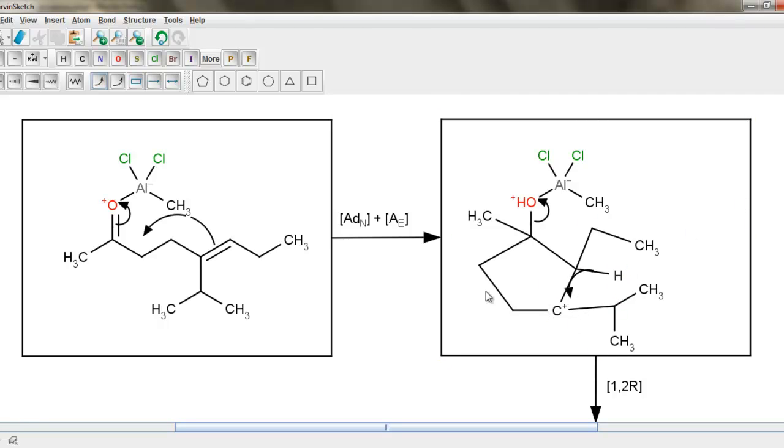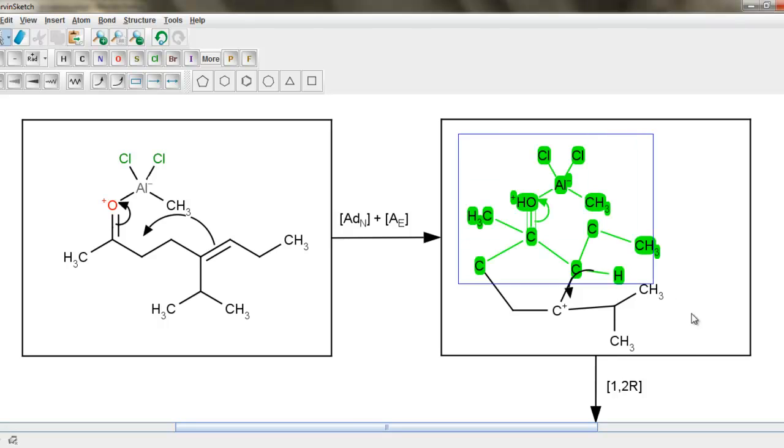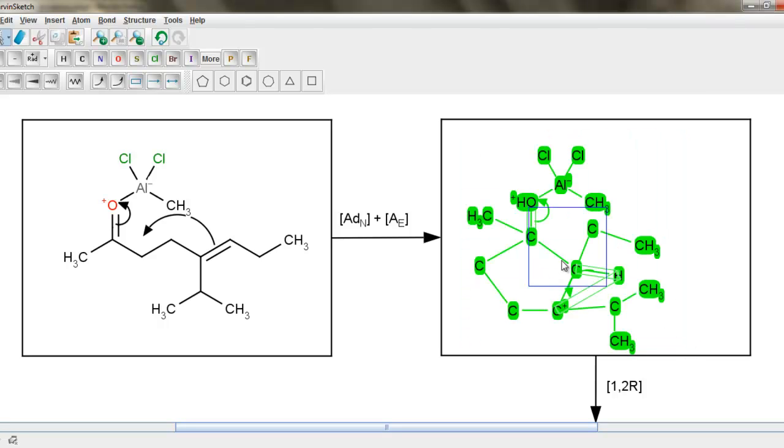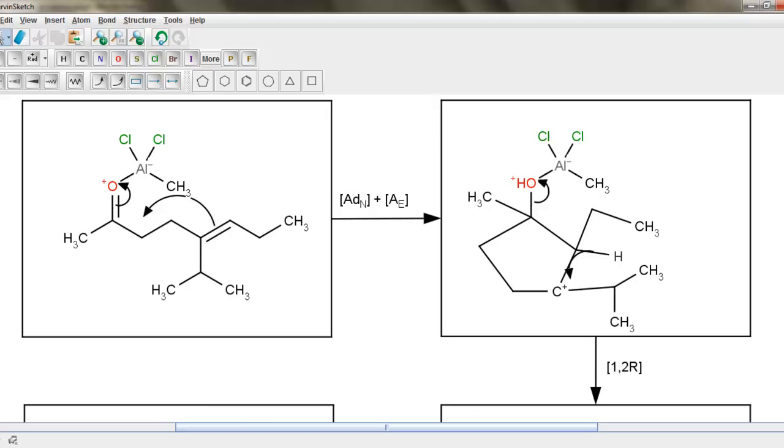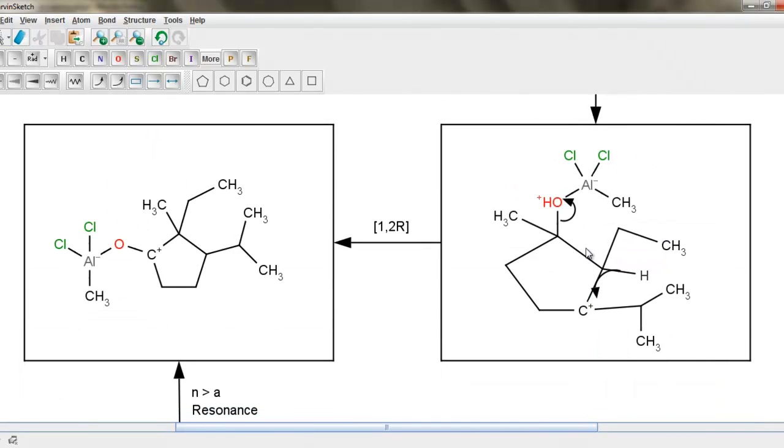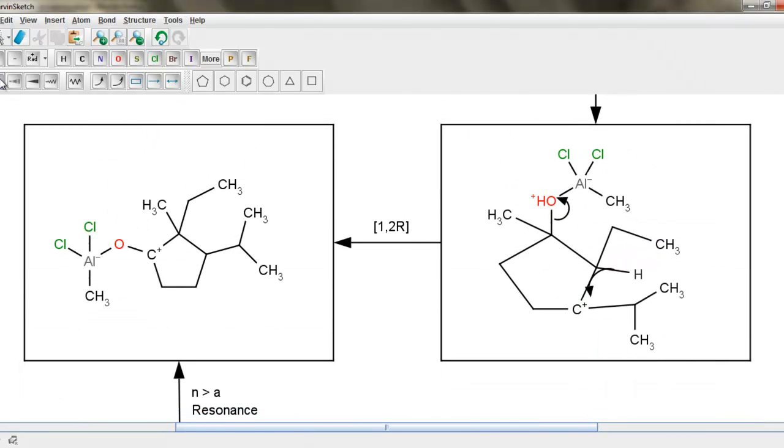Creates a bond. Copy that. And now erase that. Take off the charge, because now our hydrogen is down there, which gets rid of the charge, and add a positive charge to this center.